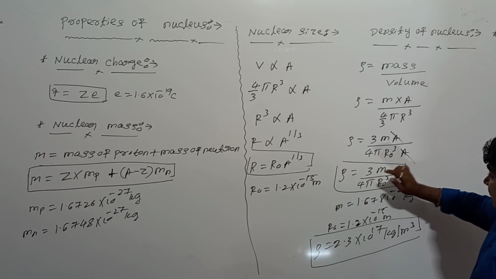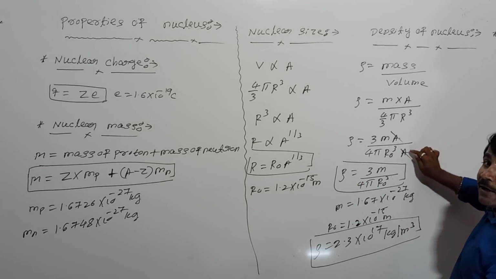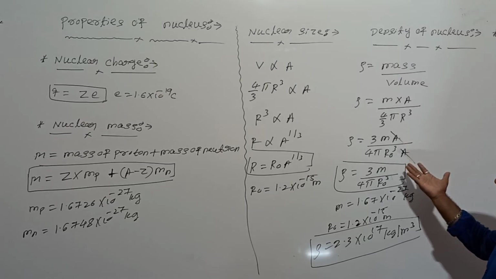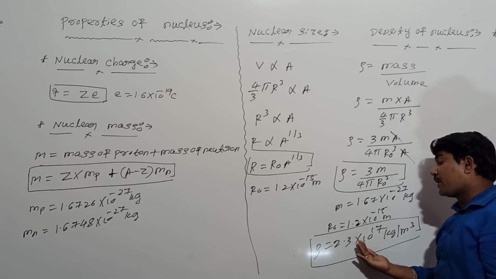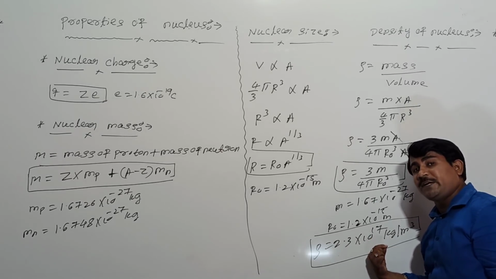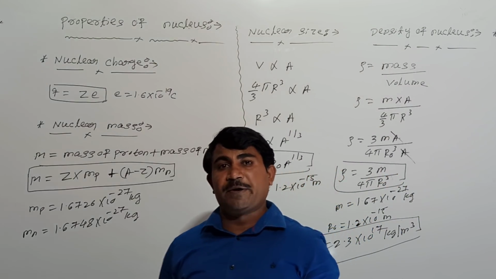Density of the nucleus is independent of mass number. For all nuclei, density must be constant, of the order of 10 raised to 17 kg per meter cube.